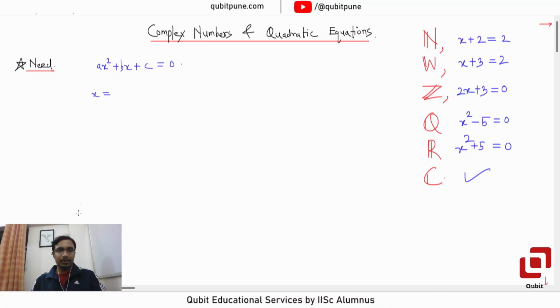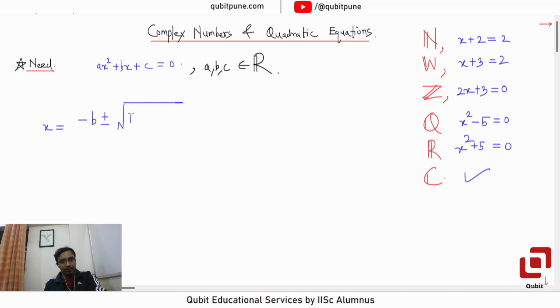Let us quickly discuss the need of defining complex numbers. Here is a quadratic equation in standard form, ax squared plus bx plus c equal to 0, where a, b, and c are real numbers. We use the very well known quadratic formula, which we obtain by completing the square: x equals negative b plus or minus root of b squared minus 4ac, upon 2a. The expression b squared minus 4ac is called the discriminant, delta.